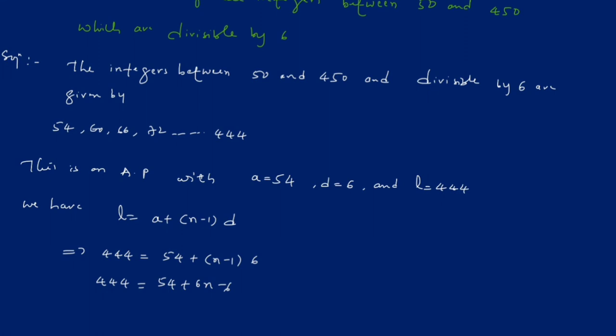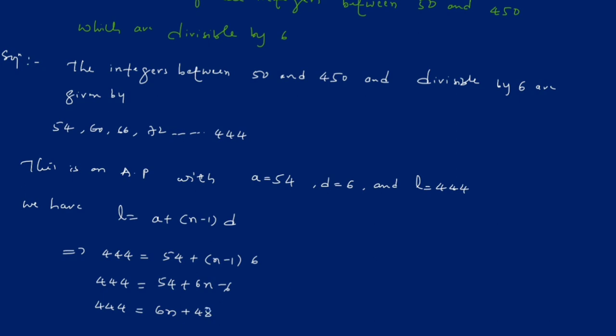Now 54 minus 6 is 48. So 444 equals 6n plus 48.